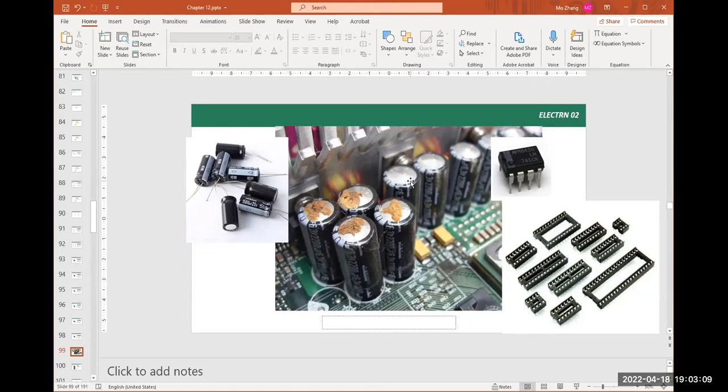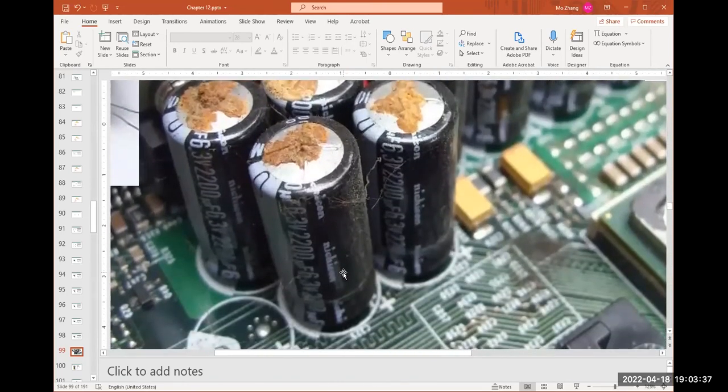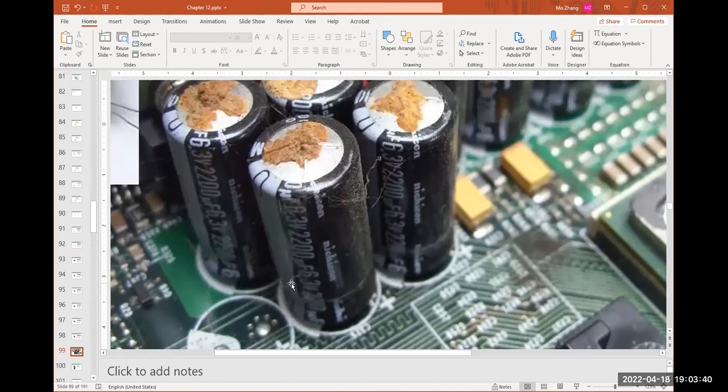So we have to take our soldering gun, desolder it, unplug these broken capacitors, and then buy an equivalent capacitor and put it back here. So step one, take our soldering gun, heat this up, flip the board, and desolder the other side. Unplug the capacitors, and then look at the numbers here, such as here it shows 2,200 microfarad works under 6.3 volt.